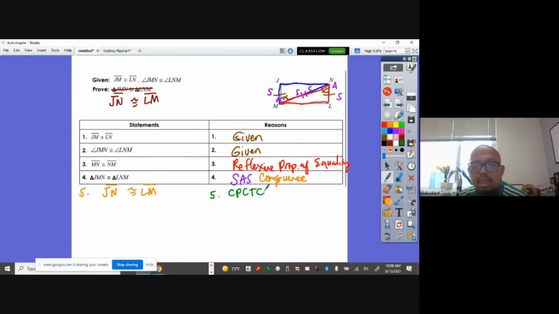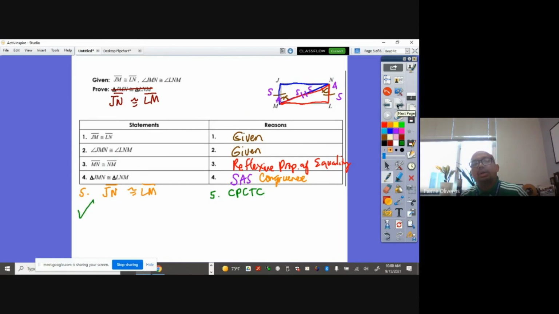Again, CPCTC stands for corresponding parts of congruent triangles are congruent. The corresponding parts are congruent because the triangles are congruent. So that's how you prove it if this was the problem.